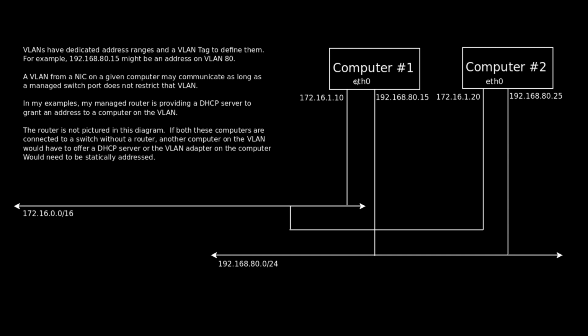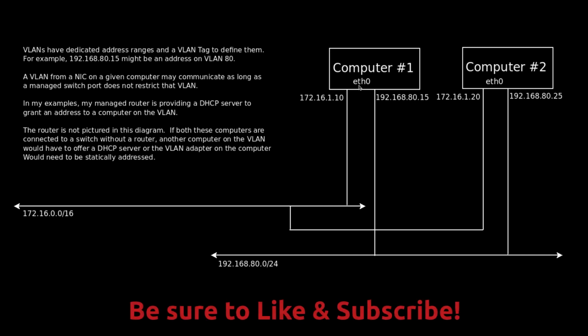In any event, let's just pretend that computer number one has an adapter called ETH0. It's a physical adapter, and we have two VLAN connections from it. One goes to this main LAN and the other goes to this VLAN down here, and the same thing for computer number two. So VLANs have dedicated address ranges and a VLAN tag to define them.